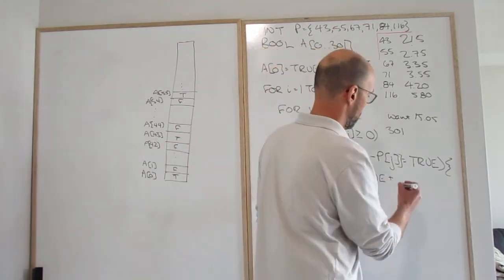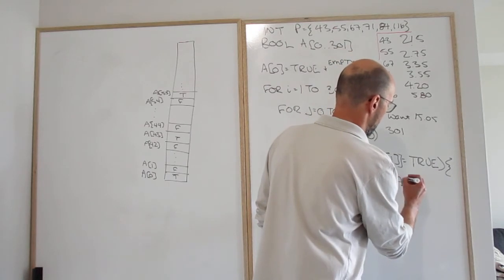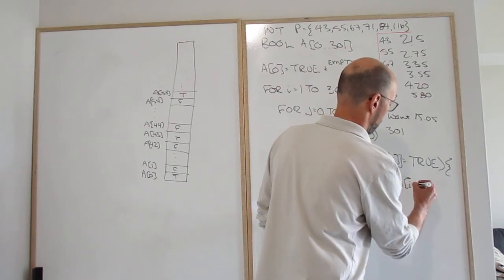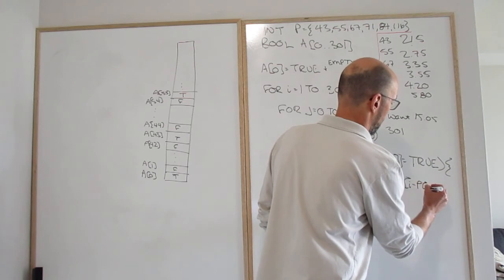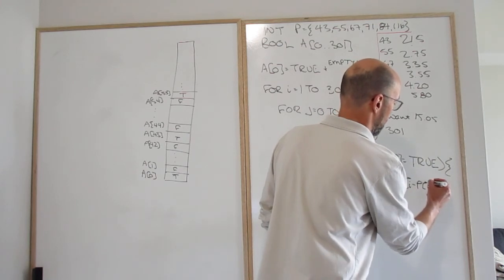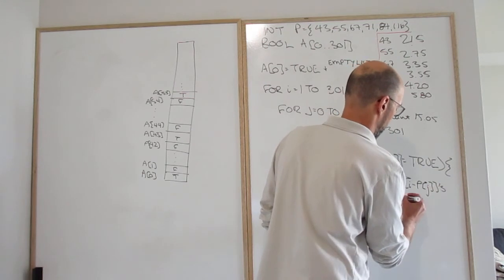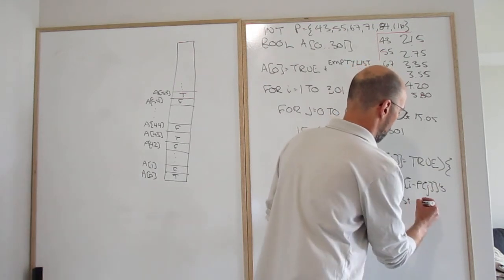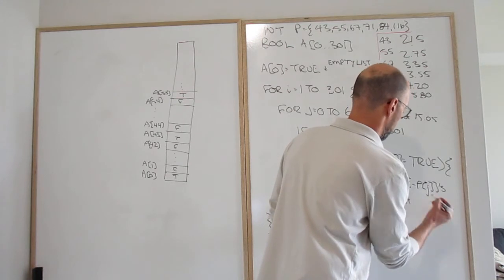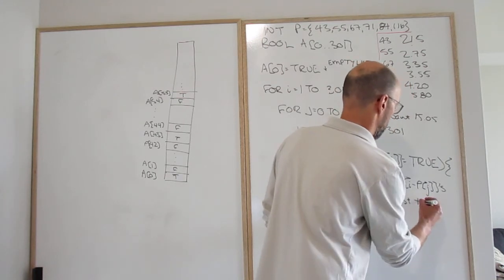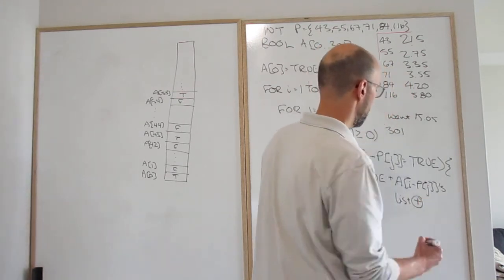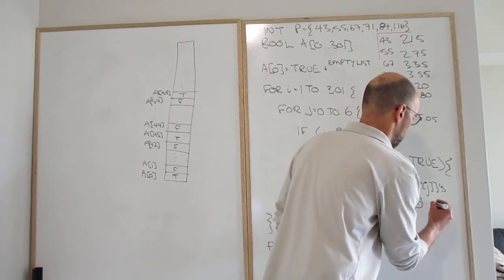Well, abusing notation a bit, I'm going to put I minus pj's linked list concatenated, which I'm going to draw as this symbol, plus j.